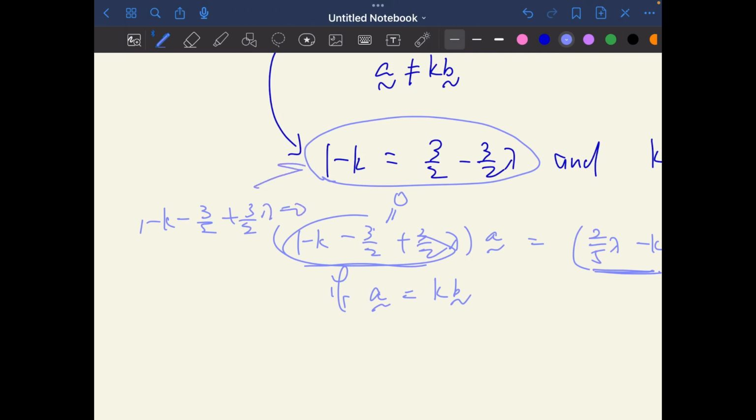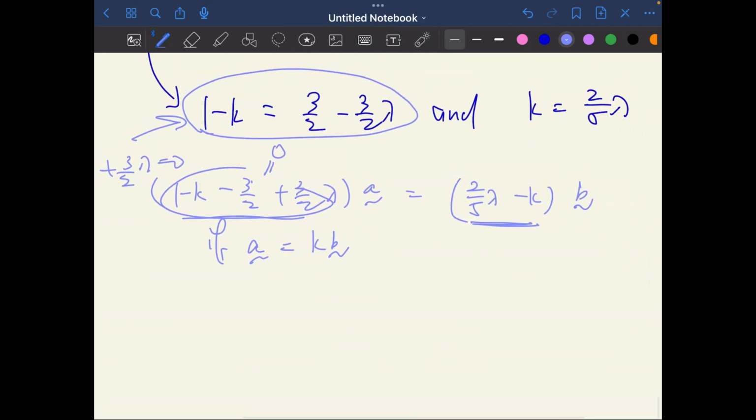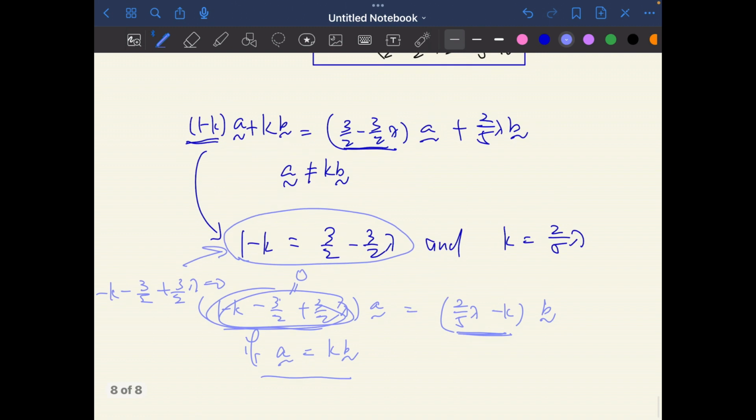Then I get 1 minus k equals 3/2 minus 3/2 lambda. But if a and b are parallel, then I cannot make this 0, so it wouldn't make sense. So I think you must write this reasoning down as part of your working, and the question will specify that a and b are not parallel. This is just an important note to take. Because of this, you can compare and then you will get this.